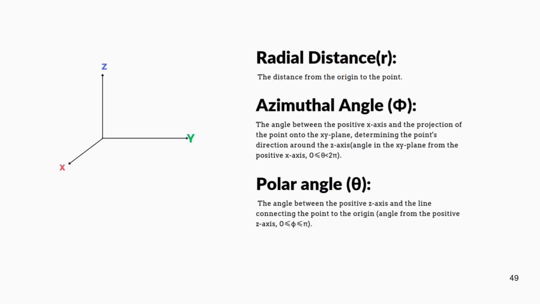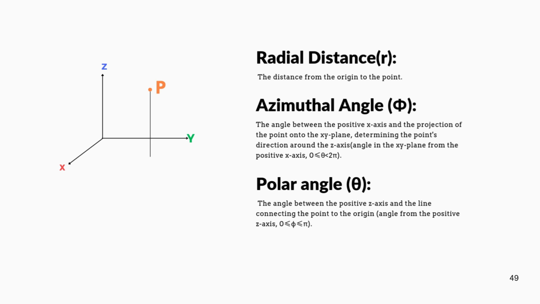So, the three coordinates of the spherical coordinate system: first, the radial distance r is the distance from the origin to the point. Second, the azimuthal angle theta is the angle between the positive x-axis and the projection of the point onto the xy plane, determining the point's direction around the z-axis.